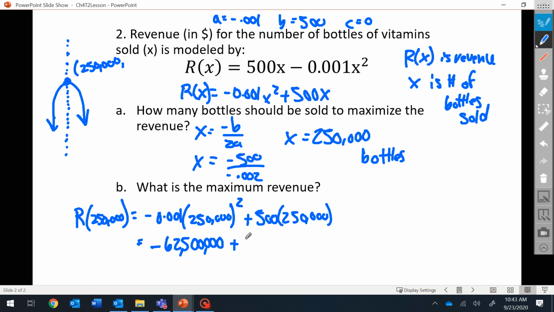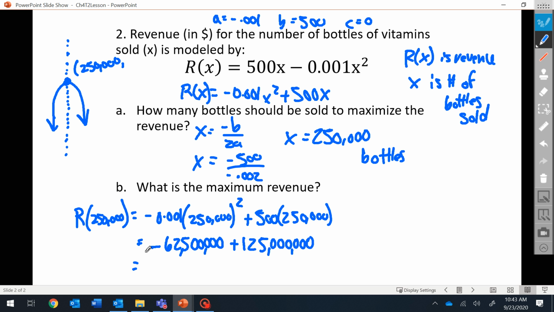And then 500 times 250,000 is 125 million.